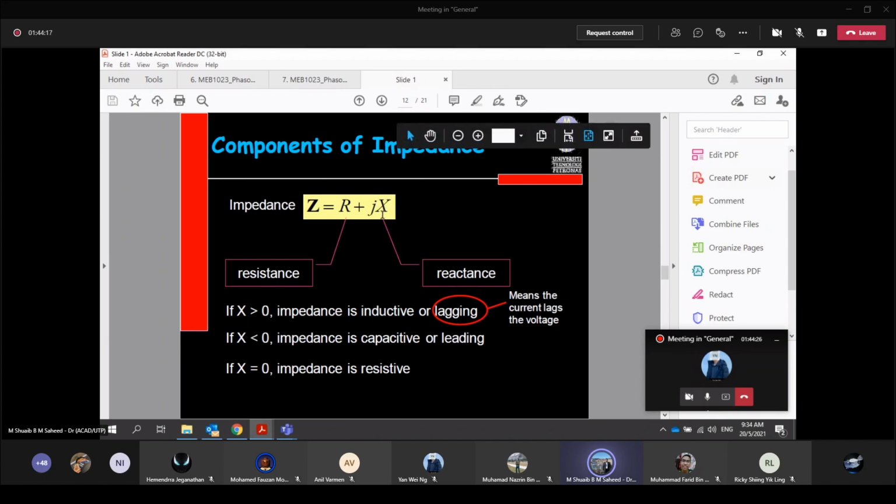If the X is 0, it shows that the circuit is acting like a resistor. You may have the inductor and the capacitor, but when you do the analysis, the X becomes 0. It is perfectly possible. This shows that the circuit is acting like a purely resistive circuit.